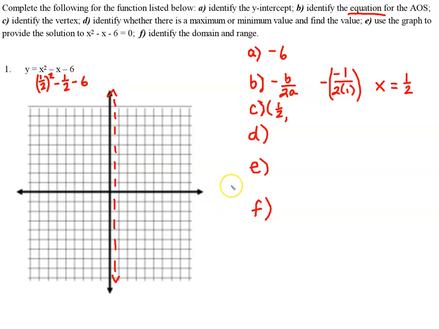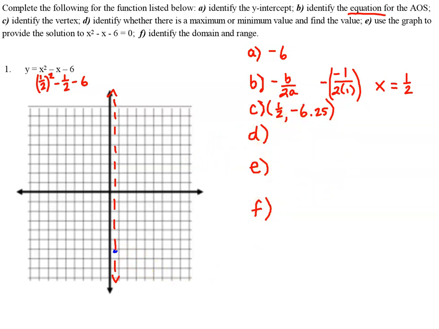And if you go to your calculator and do this, you're going to get -6.25, or -6 1/4 is the vertex. So I'm going to go ahead and plot that. The vertex will always be on your AOS, 2, 3, 4, 5, 6, and then just a little bit below that. Just a little bit below -6.